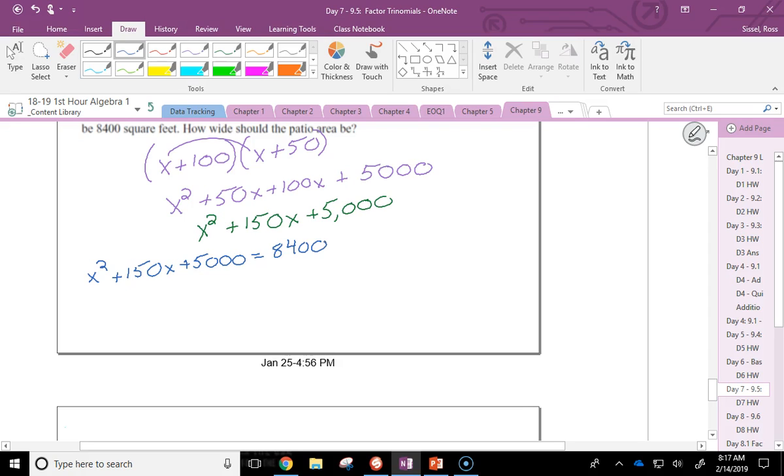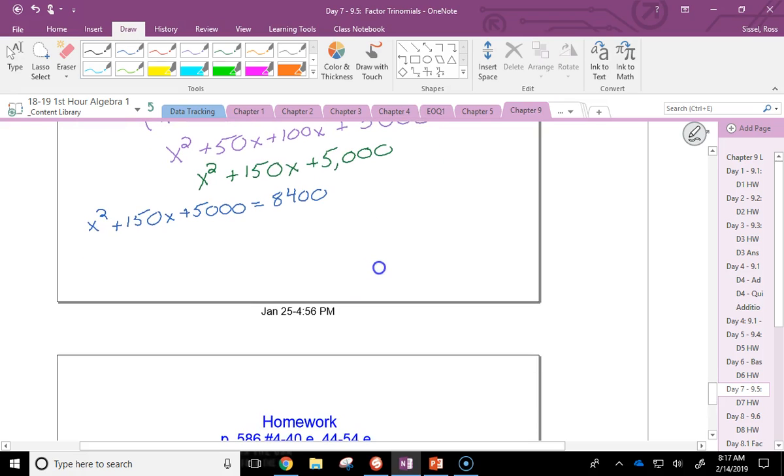And what will you do first? No, not 5,000 from both sides. Subtract 8,400. Yeah, because we want to set our polynomial equal to 0.